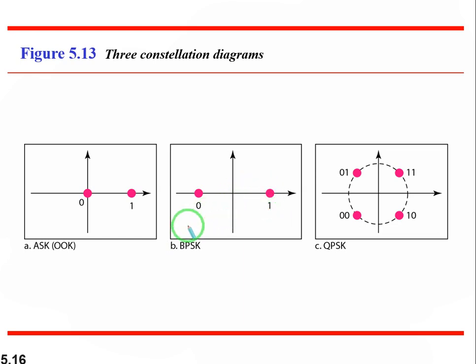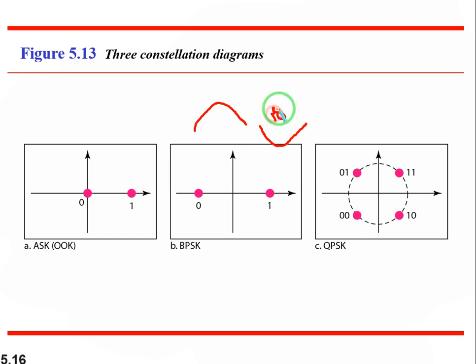Another important thing: amplitude +1 means the signal starts from angle 0, and amplitude -1 means your signal starts from angle 180.